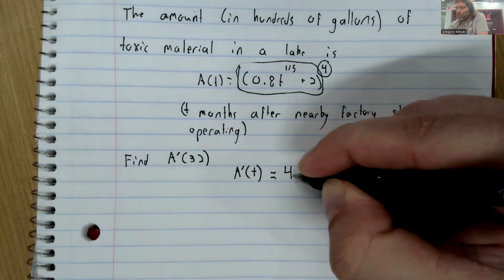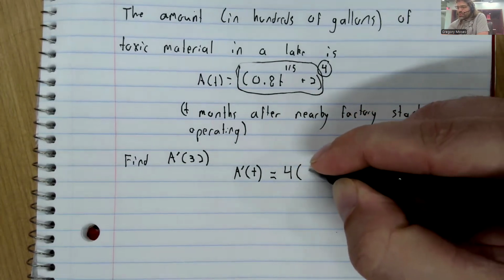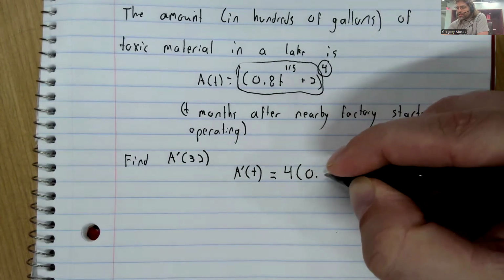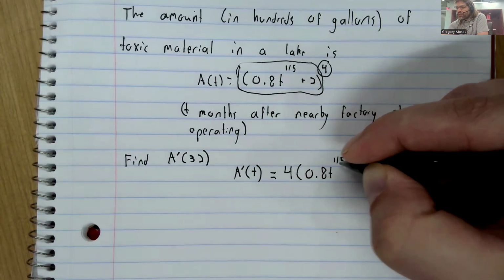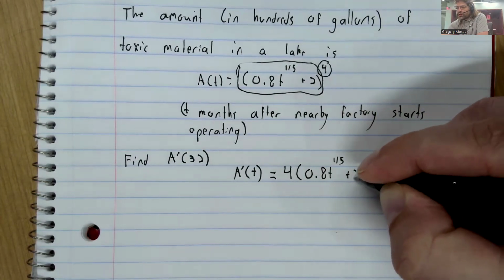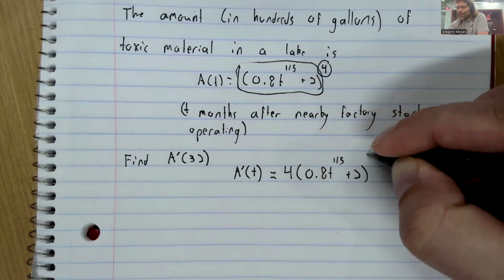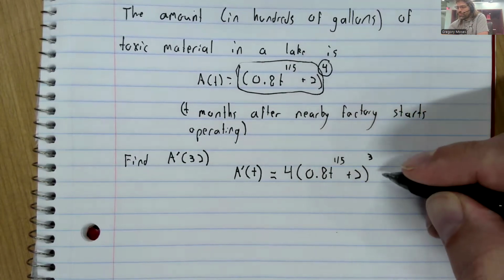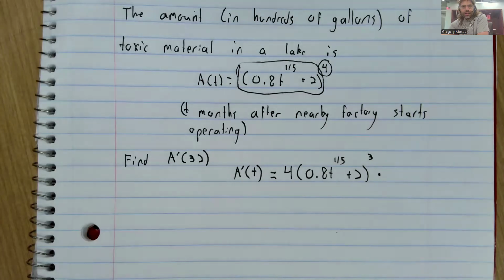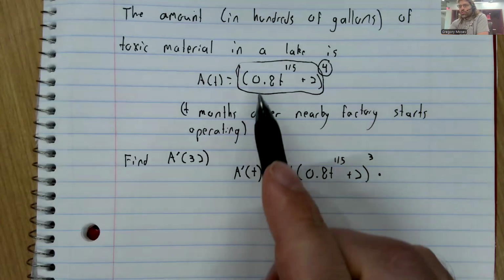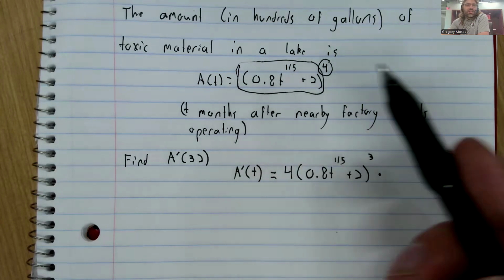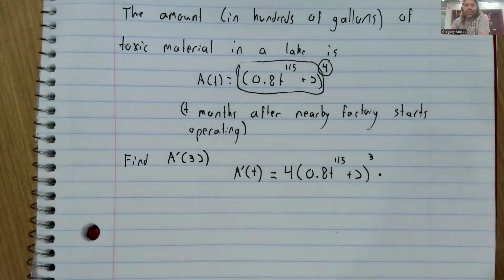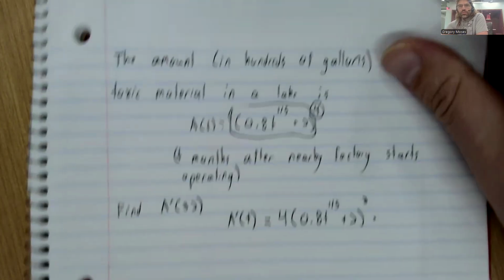We get 4 times this quantity, 0.8 t to the 1/5 plus 2 raised to the power of 3. But then we multiply by the derivative of the inside function, of the thing that we're raising to a power.